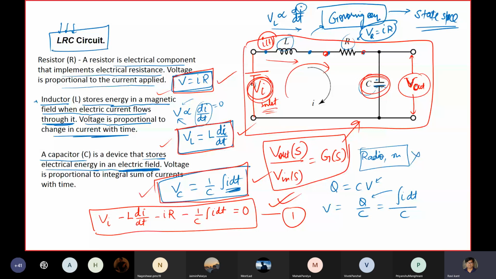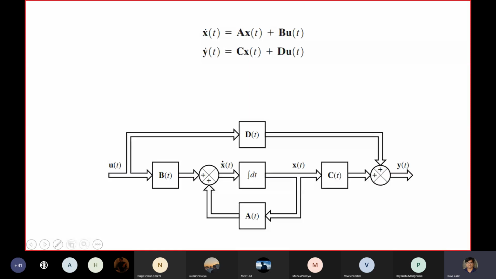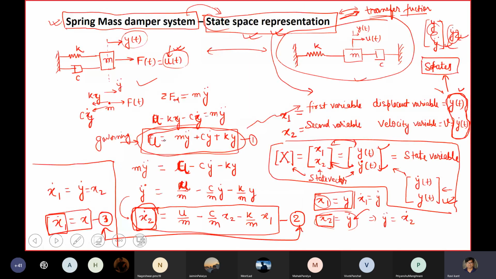Now this governing equation, this mathematical modeling of the electrical system, is ready. Like our mathematical modeling of the mechanical system, just by writing F is equal to m y double dot plus c y dot plus k y.